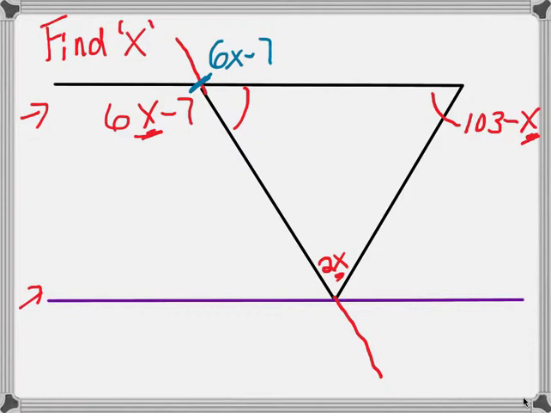If I go across this so-called transversal side, remember, I just jump over the transversal, exterior meaning outside the parallel lines. So I'm going to jump over the transversal and get outside the parallel lines. This is also 6x minus 7.